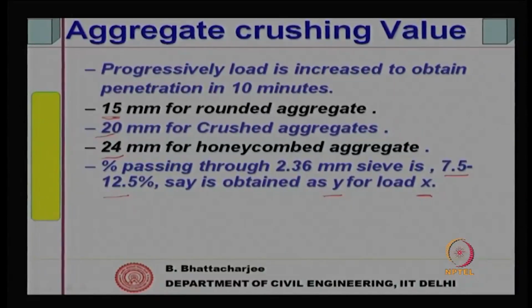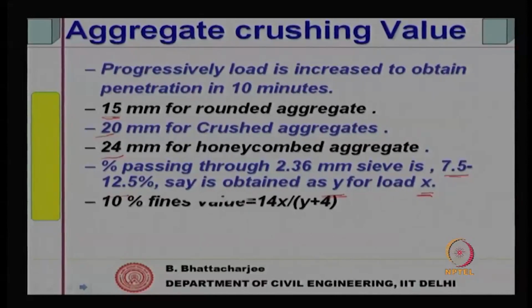Let us say the load is x, and y is the percentage passing through the 2.36 mm sieve. We want 10% fines, because you want to find out what is the load required for 10% fines.